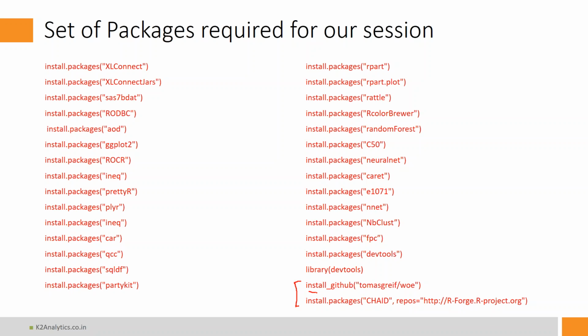Typically, you will see companies allow access to CRAN. They will allow access to download packages from CRAN. Companies are not going to allow access to downloading packages from GitHub. Why? Because there is no one taking responsibility of the code that you're going to download from GitHub.